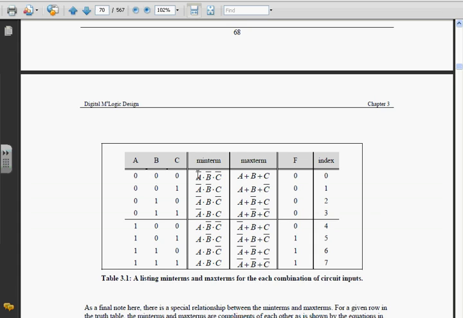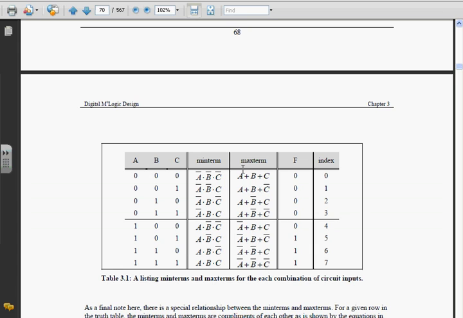So the minterms, this A naught and B naught and C naught, are what goes into the SOP form if we're looking for the ones in the circuit. The max terms here are used in the POS form, where we look for the zeros in the circuit. So these terms are what go into the POS form.